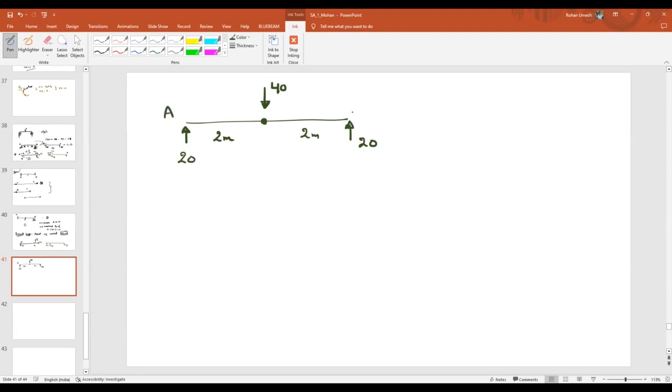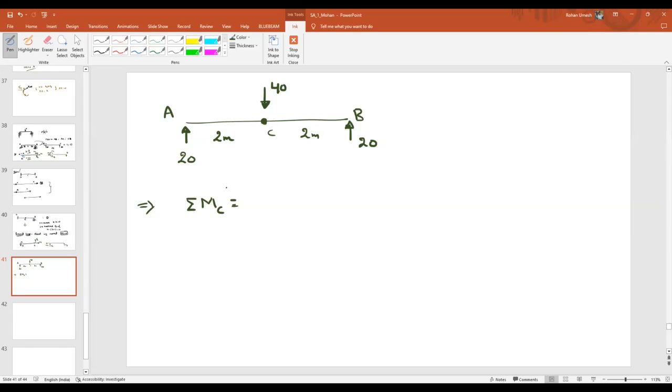A, B, C. Now what I am going to discuss with you is, tell me the equation for the summation of moments at point C. Tell me, what is the summation of moments at point C? Don't tell me the answer, tell me the equation, like 20 into 2, 40 into 2.